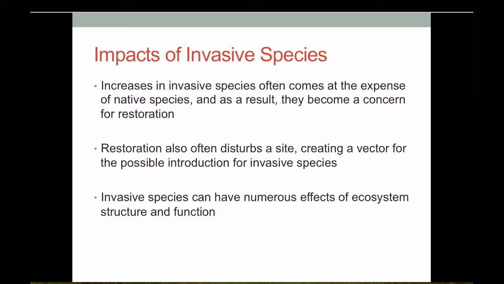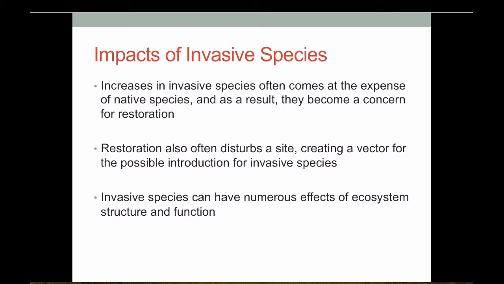Another thing that we need to be thinking about and why you should be concerned about invasive species is because your restoration activities are often going to basically disturb a site. So think about what you might be doing if you're trying to return agricultural land or abandoned land that was once prairie but now has shrubs and wooded trees dominating on those sites.